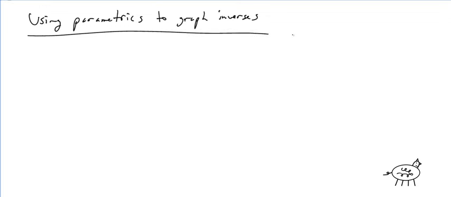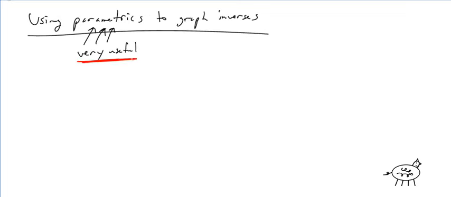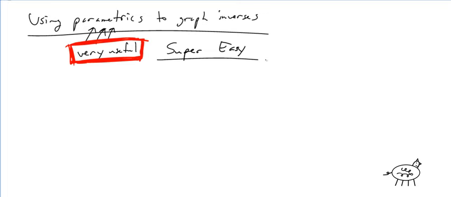Now this is, and I'm going to put a couple of little arrows there, and I'm going to say very useful, and I'm going to underline it. You know what? I'll put a box around that because it's really important. It's a very nice box. Okay. And I'm going to put here super easy as well. Wow, a lot of great words here.